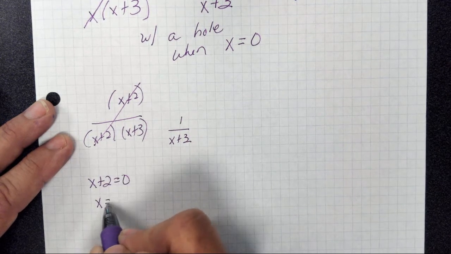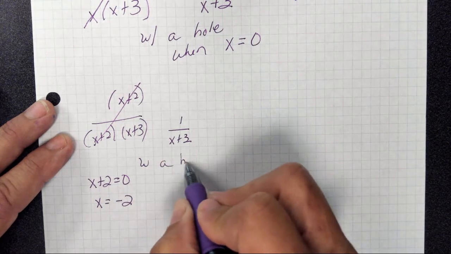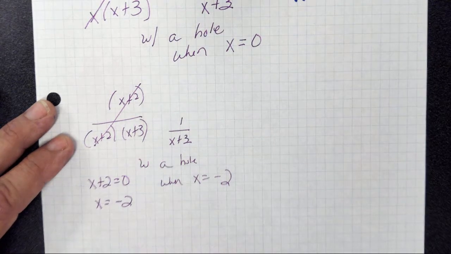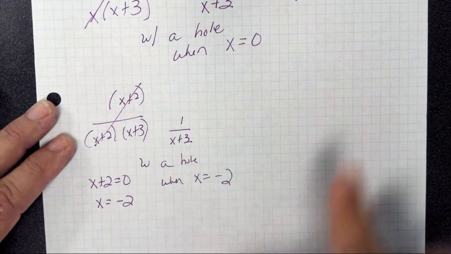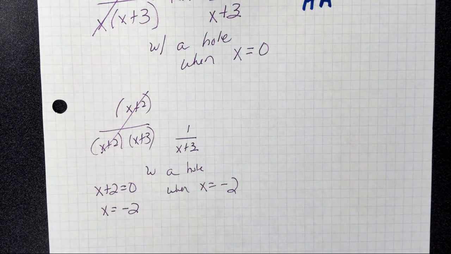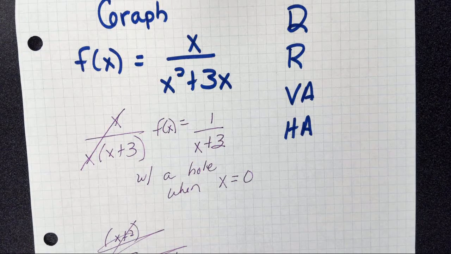When x equals negative 2. So here I would have a hole when x equals negative 2. So the reason that is 0 is because 0 is what makes that common factor 0. Okay, so it's not always 0. Okay? All right, so that's gone.